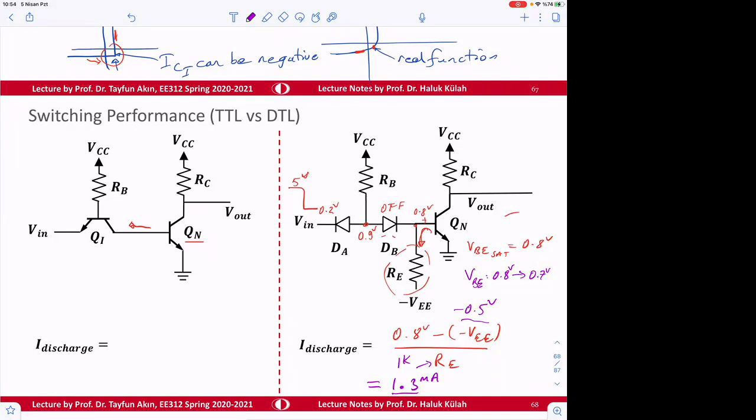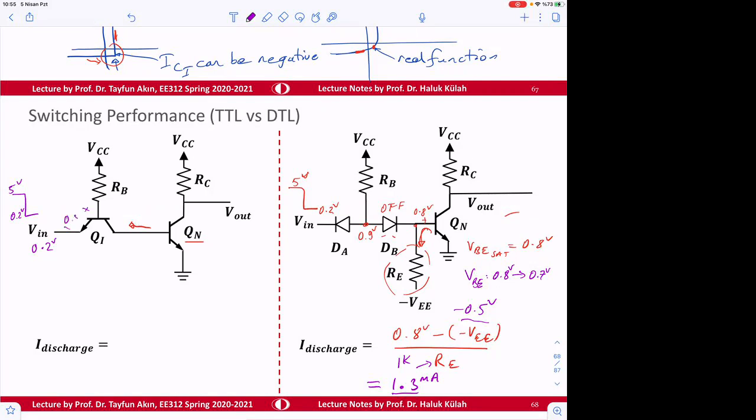What about here? Here we need to look at, again, the voltage going from 5 volts to 0.2 volts. So if this is 0.2 volts, then we can calculate here when this becomes 0.2 volt, this will be in saturation.